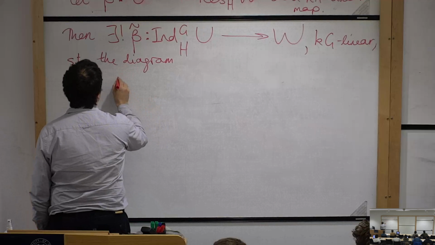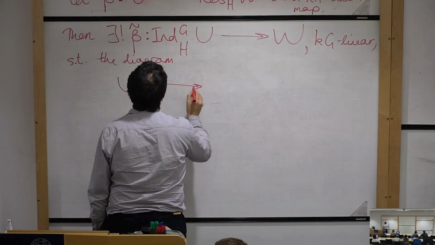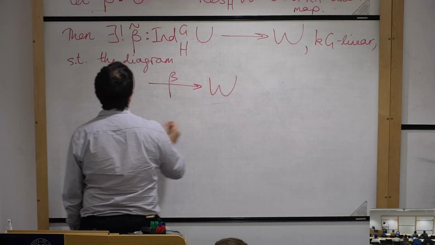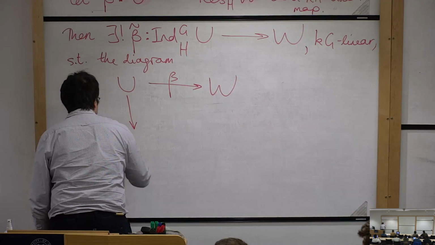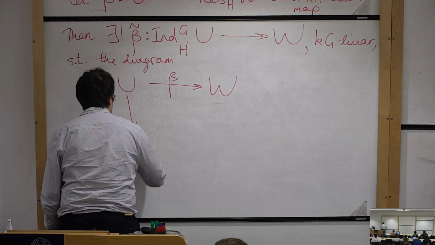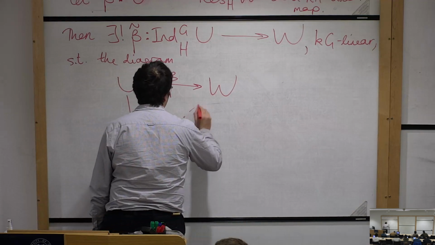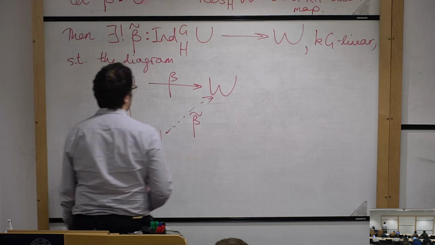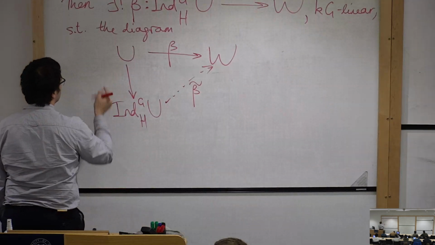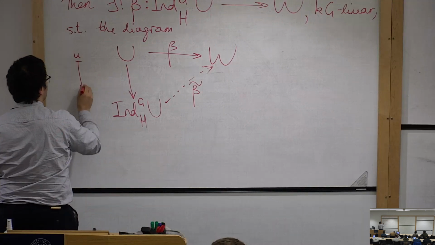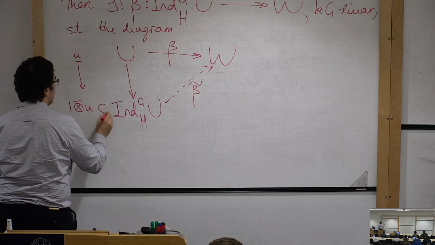What's that diagram? Well, I've got this map beta, and you see U always maps, as a vector space at least, into the induction, and this u goes simply to 1 tensor u.